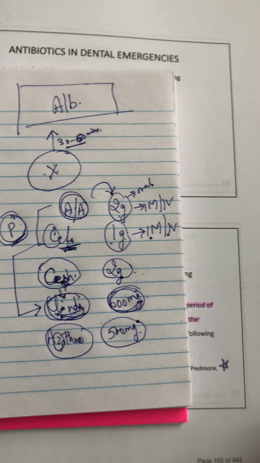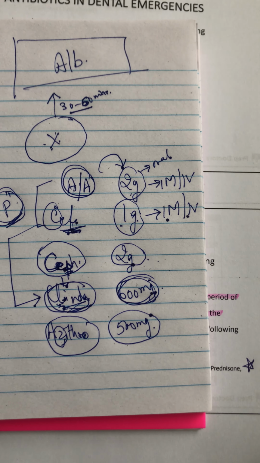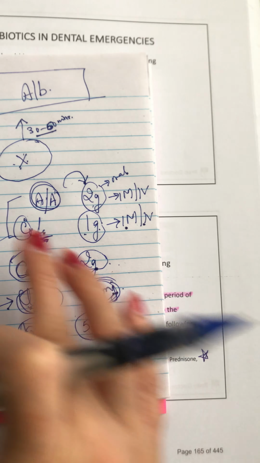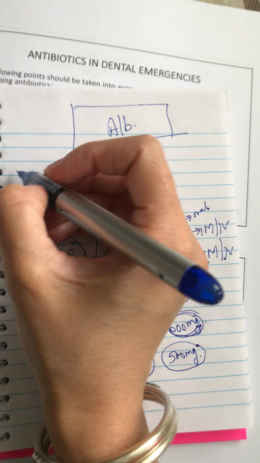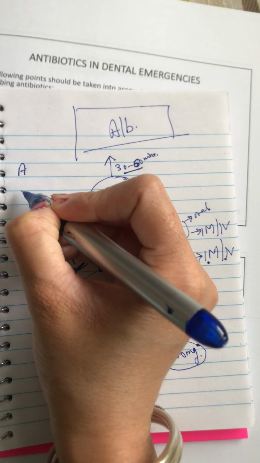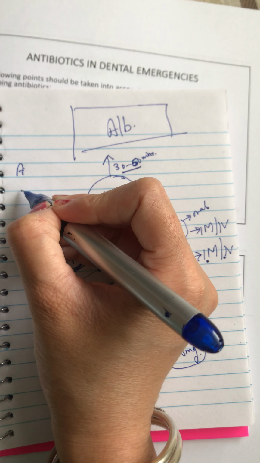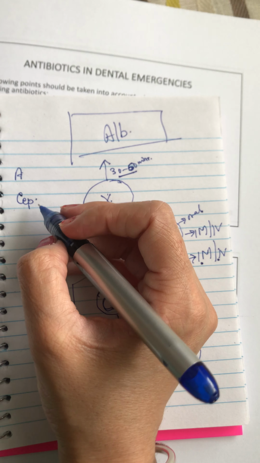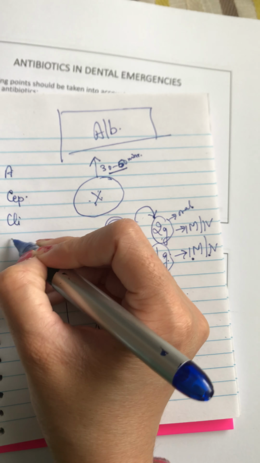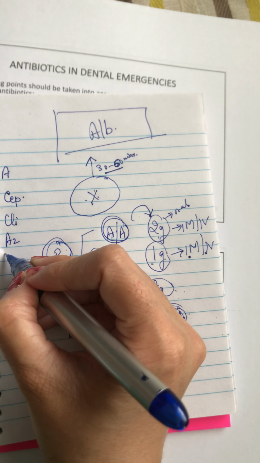Now we also do have the dosage for the children. In children it's quite easy. See, again I'm going to do the oral A, and then the second one was my Cef, third was my Clinda, fourth was my azithro.